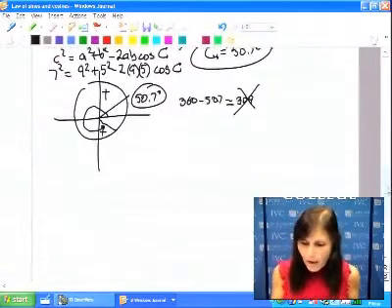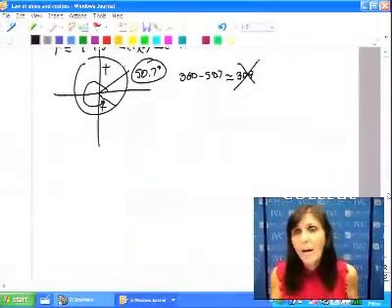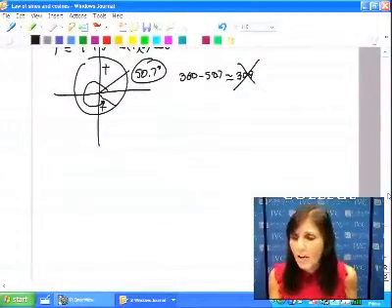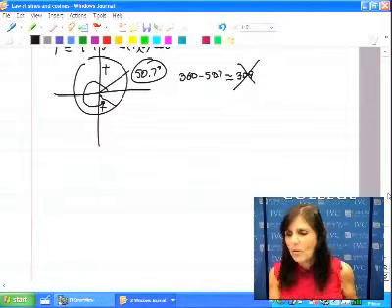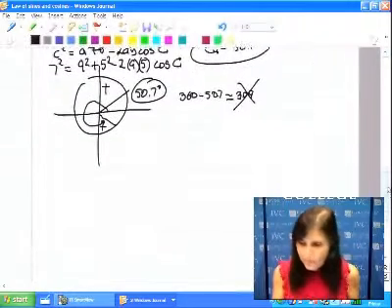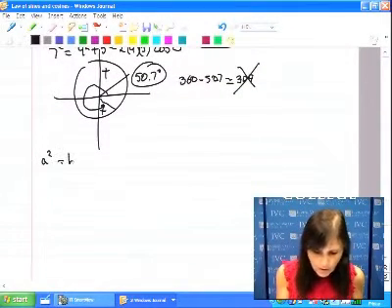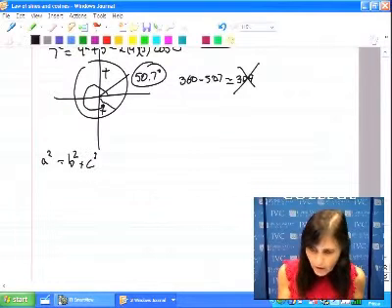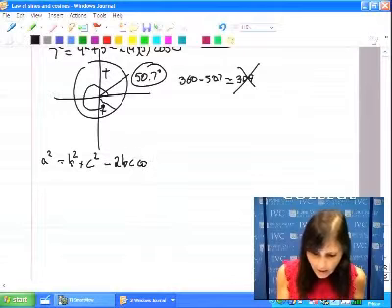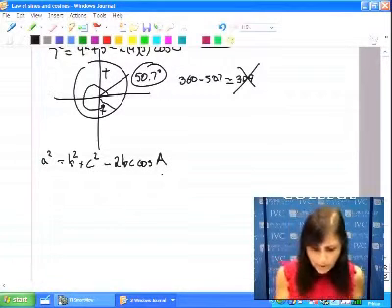Now you need another angle. You can go to the sine law, but continue with the cosine law. That makes a little more sense, and you'll be in better shape. So let's write out what A is. A squared equals B squared plus C squared minus 2BC cosine of big A. Let's put in the numbers.